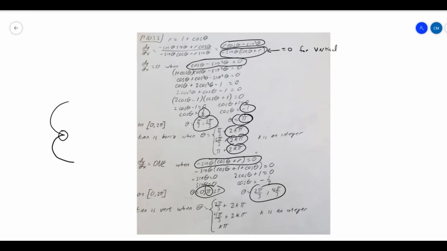If you get a single answer that occurs in both, that means you're going to have this sharp point situation. Any solutions that only occur on one or the other, like these ones here that are only on the numerator to 0, that's a horizontal tangent line. These other ones here only occurred for the denominator being 0. So those do count. Those would be vertical tangent lines.